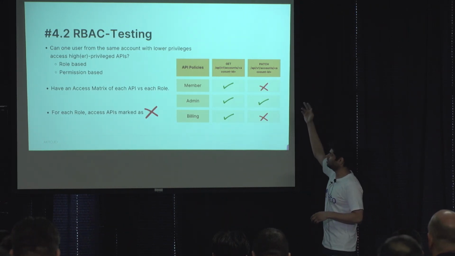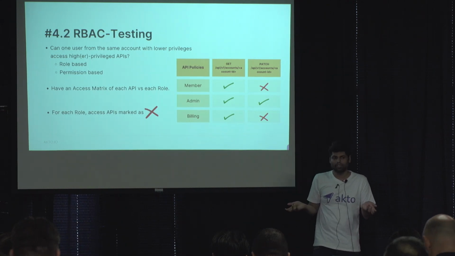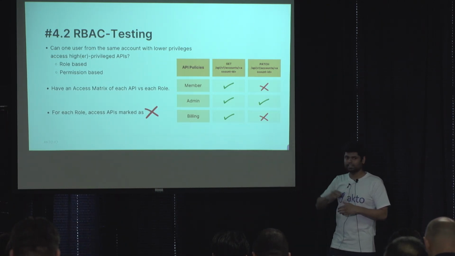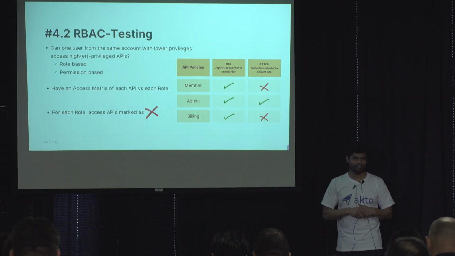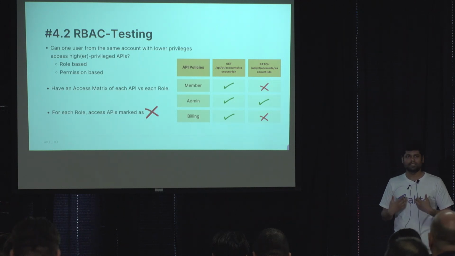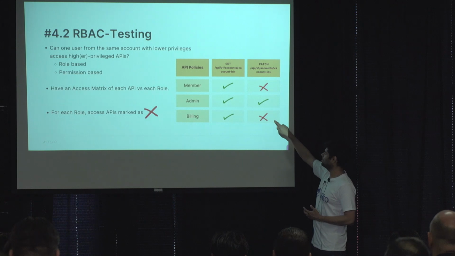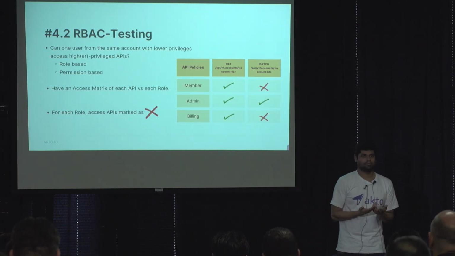Modification only admin can do; a member and a billing role shouldn't be able to do any modifications to account details. Sure, all three can view their account data, but only admins can modify it. Now if that's the case, we basically have to check in our staging environments all these cross marks, and make sure they're actually crossed.